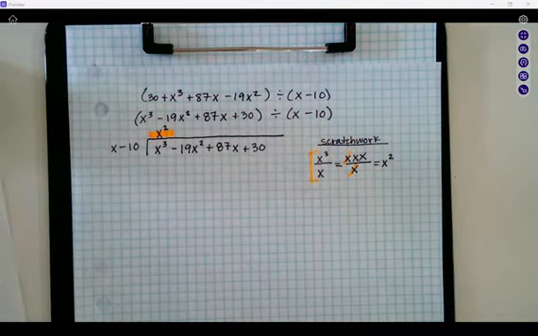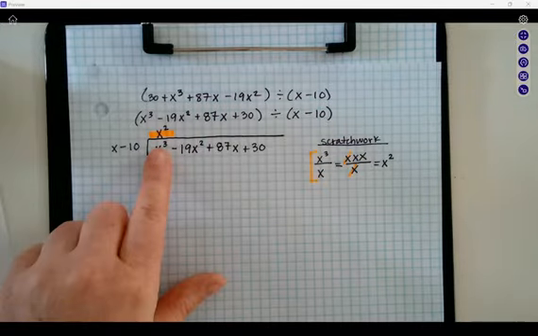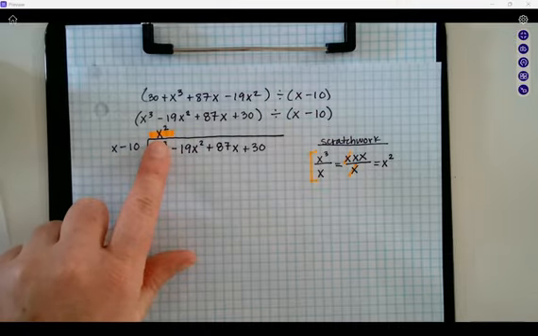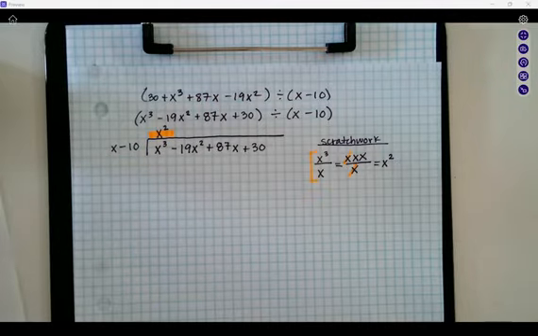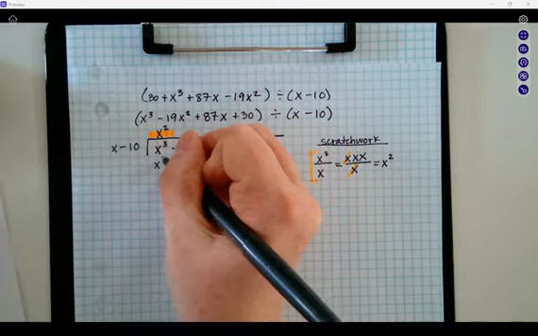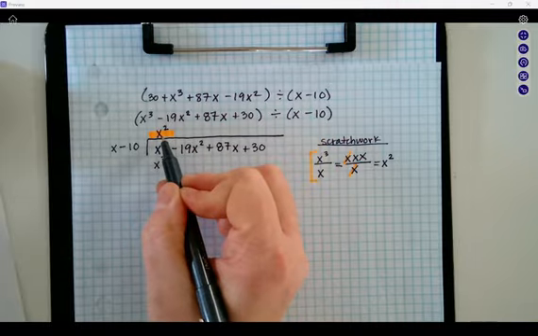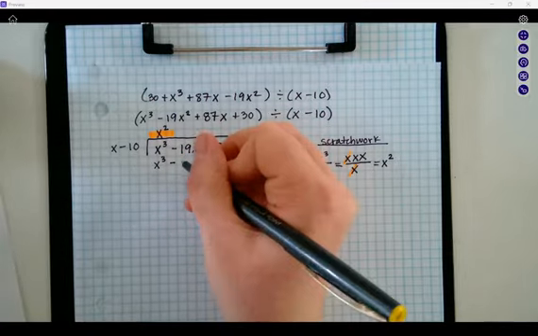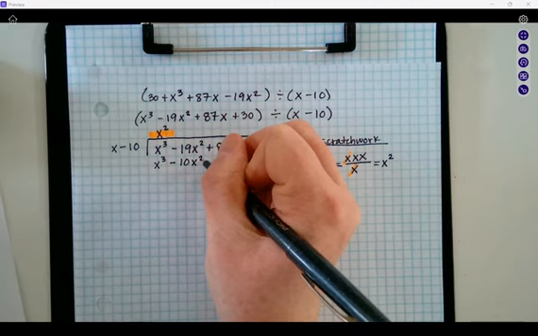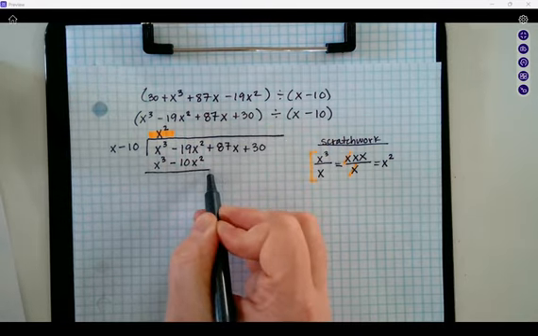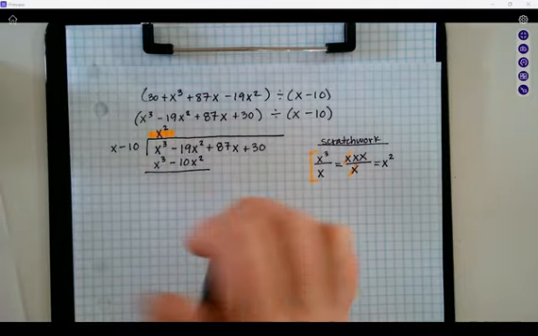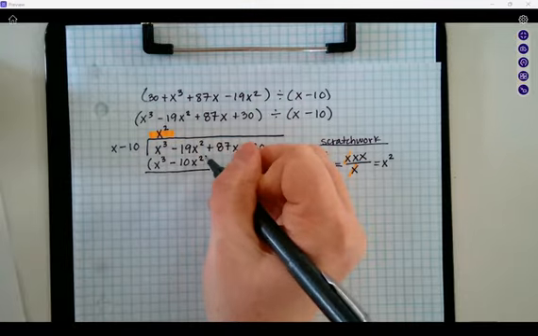Once you know what your first term is for your quotient, you're going to distribute or multiply that first term by each term in the divisor. So x squared times x, that's going to be x cubed. And then x squared times negative 10, that's going to be negative 10x squared. I do have to subtract that result from the previous line, so I'm going to place this in parentheses.